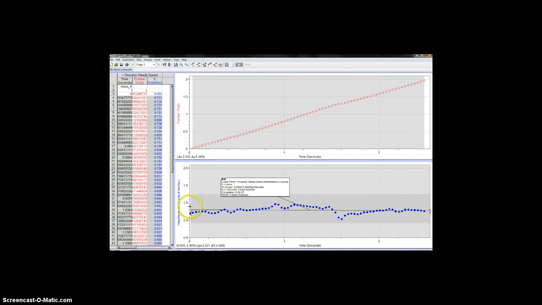Right here your y-intercept is 0.8005 feet per second, so the height of this area is 0.8005, and you multiply it by the end point, which would probably be about 2.5.